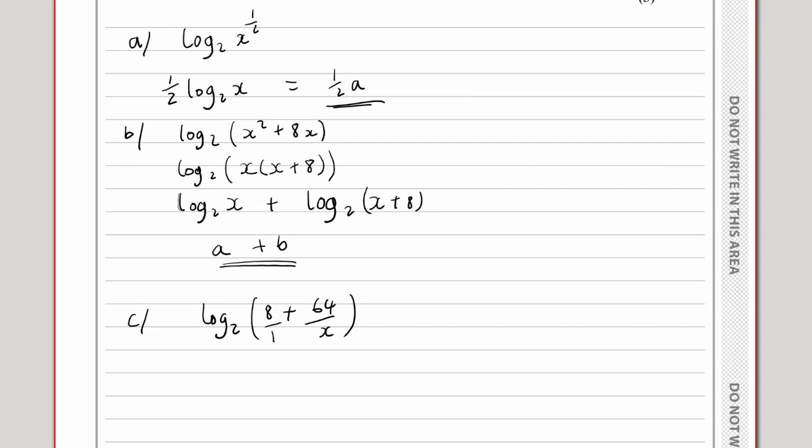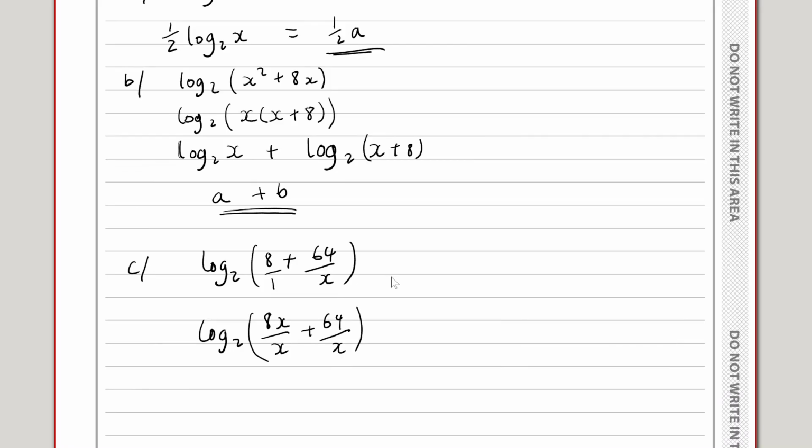So let's multiply top and bottom of the 8 by x. So log base 2, 8x over x plus 64 over x, which is log base 2, 8x plus 64 over x.